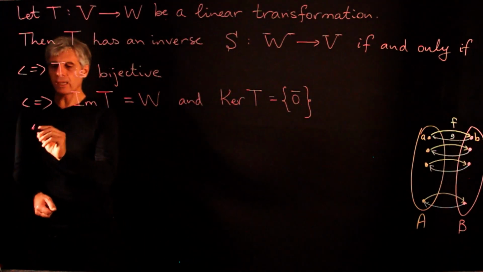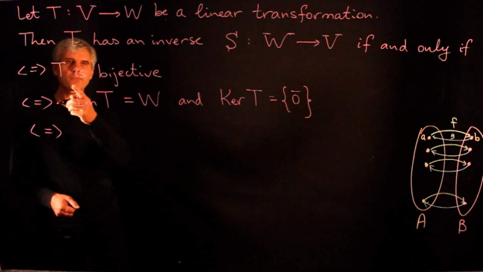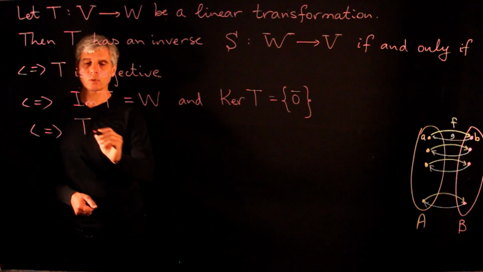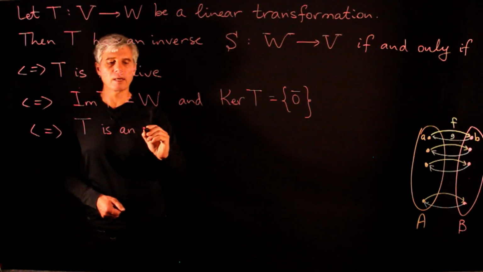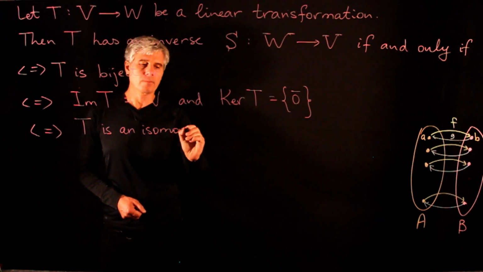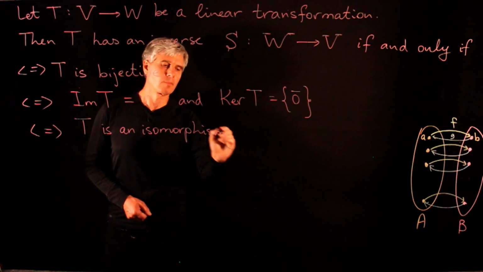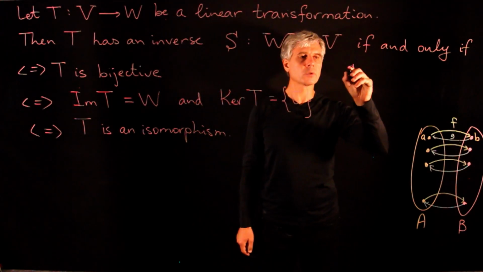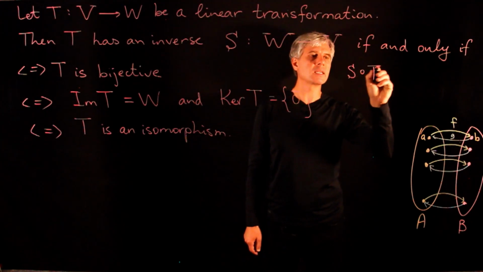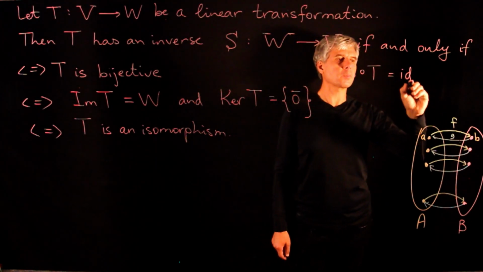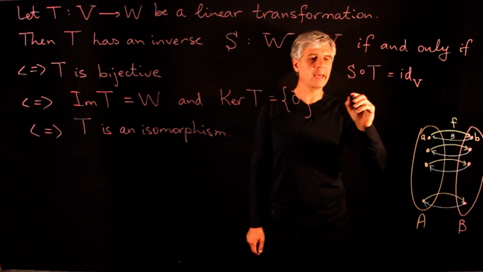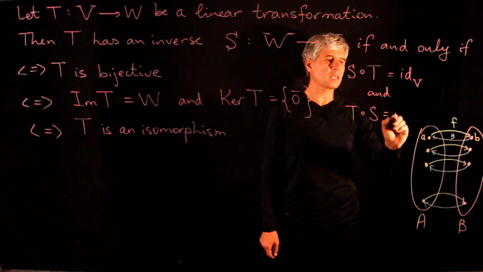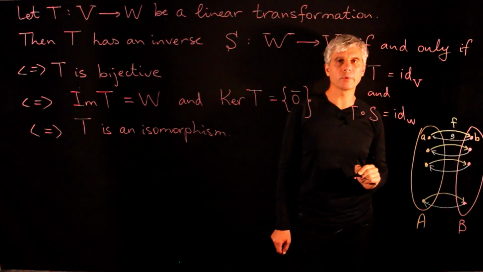Or yet another way: remember that bijective linear transformations we called isomorphisms. So T is an isomorphism. By definition of an inverse transformation, we have that S composed with T is the identity transformation on the space V, and T composed with S is the identity transformation on the space W.